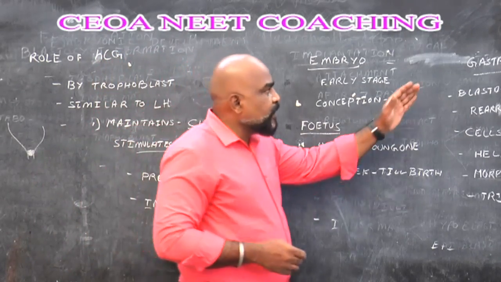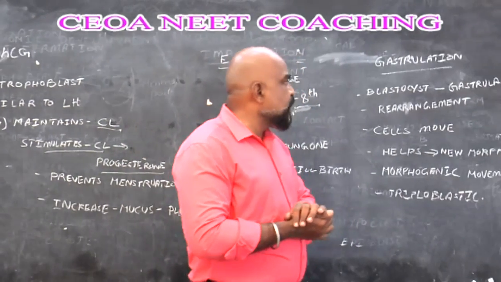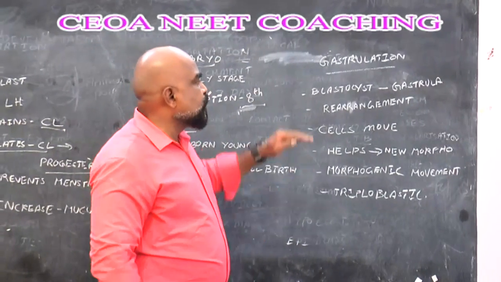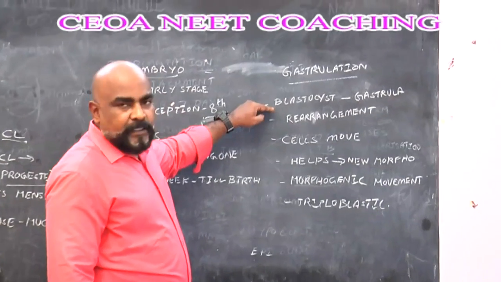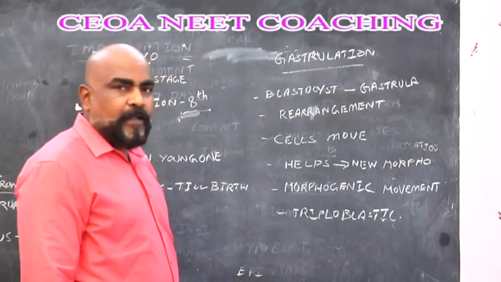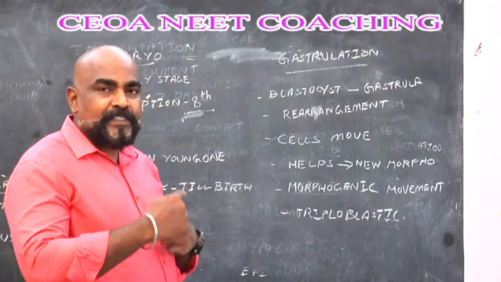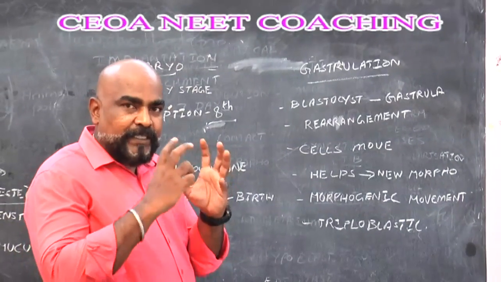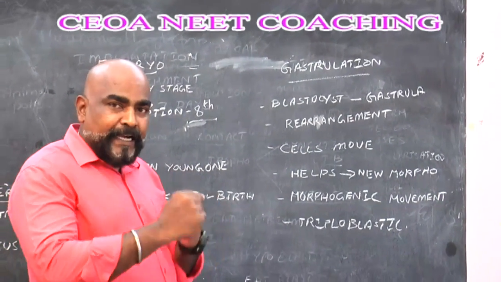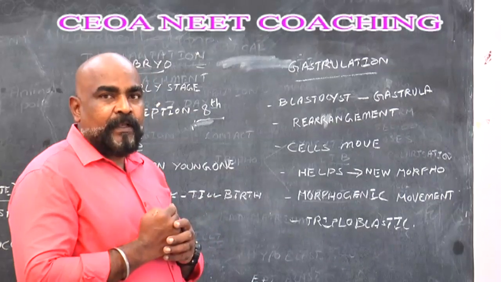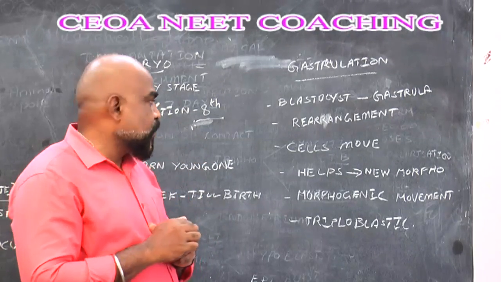And gastrulation, just to define it, is a process by which the blastocyst is converted into gastrula by the rearrangement of the cells. Within the blastula, there is rearrangement of cells and it is getting converted into gastrula.